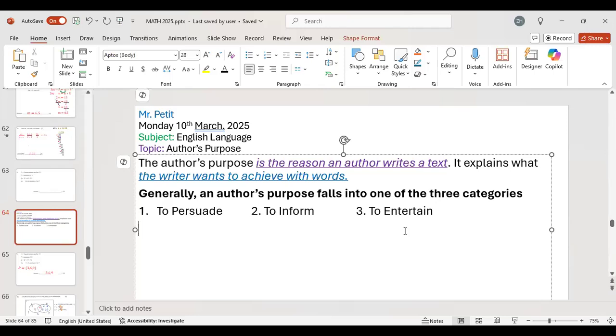So let's talk about persuasion. When an author wants to persuade, what gives it away? A lot of convincing techniques. What else? They say words like, you should.